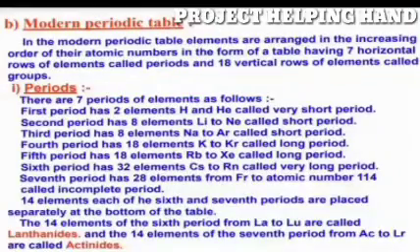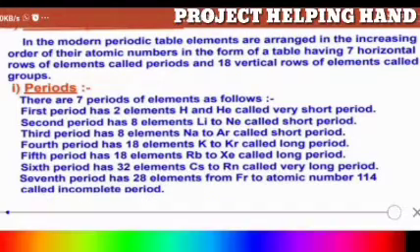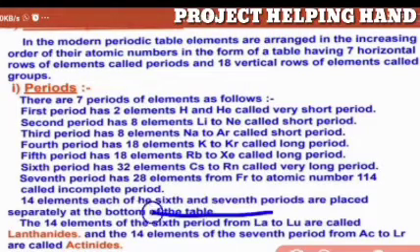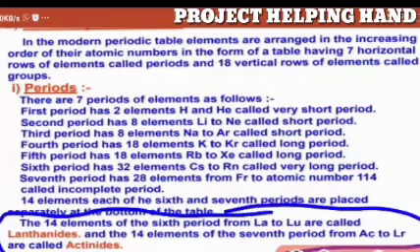And then from La to Lu, you can simply say Lalu, are called the lanthanides. And from Ac to Lr we have the actinides. The thing you must learn is that 1 mark questions can come from lanthanides and actinides.